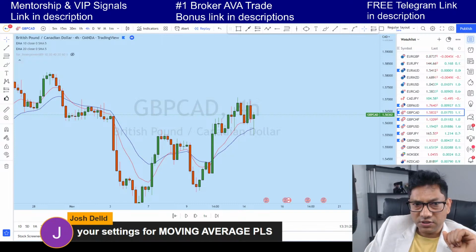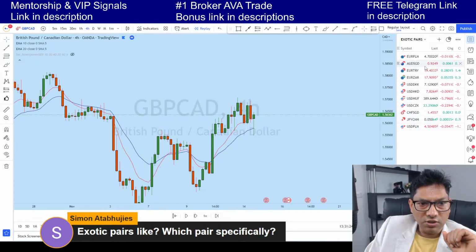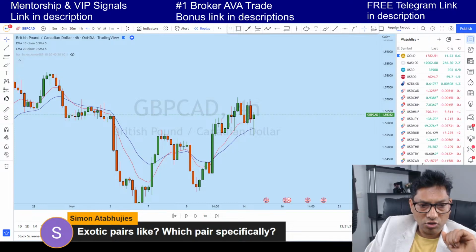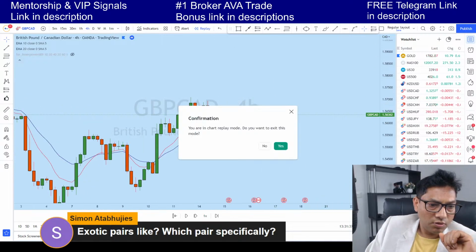As for exotic pairs, Simmons, I have a list of some of them. USD Mexican peso is also on the list of exotic pairs. Sometimes USD ZAR may be an exotic pair for some of you.